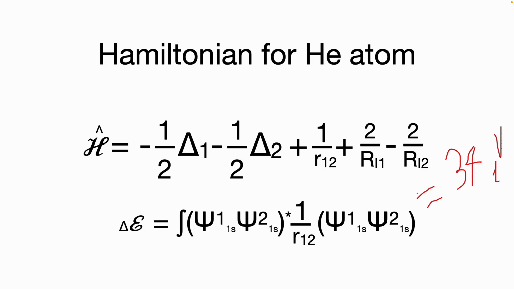Now what we can do is to find the eigenvalue of the exactly soluble Hamiltonian. That is the Hamiltonian that is composed of two component Hamiltonians.